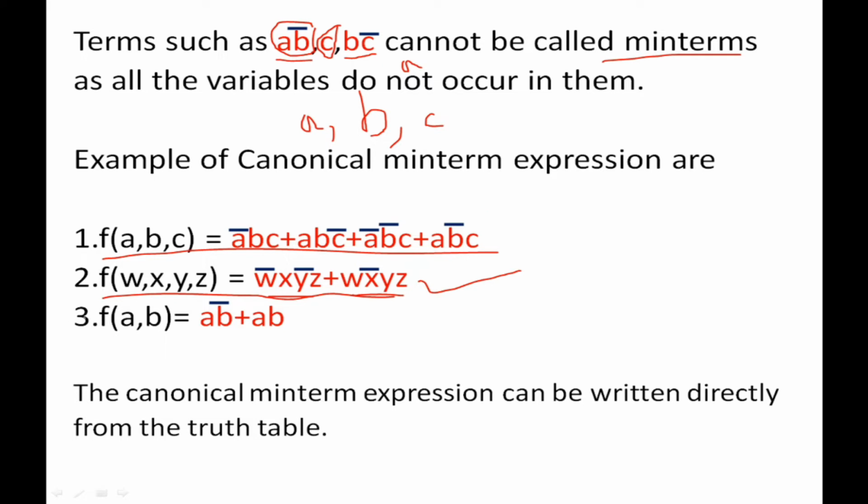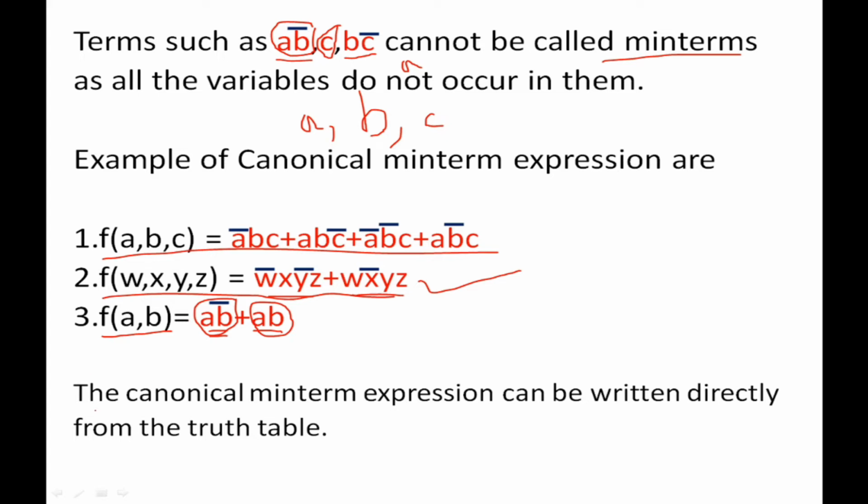Now the third example: the Boolean function of a, b has two variables, and the expression a b bar plus a b contains both variables in each product term. So a b bar and a b are min terms, and we call this a canonical min term expression.